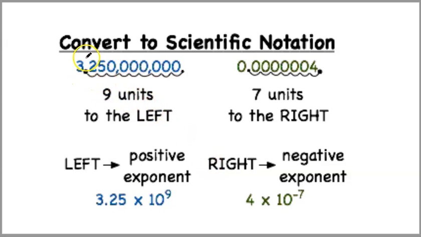If you want to have both ways, if we say convert this to standard notation, or if you're saying convert it to scientific notation, you're just going to be moving and watching left and right.